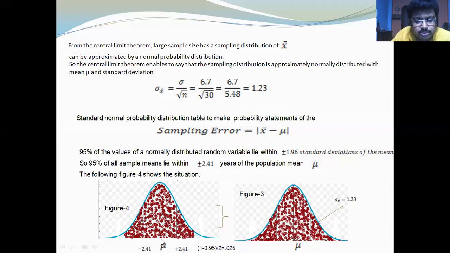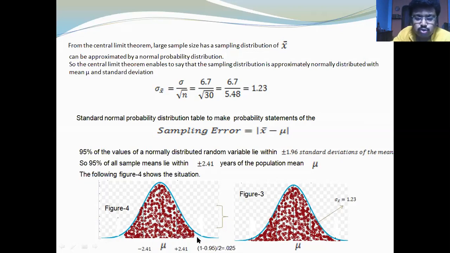Now look, this is the population mean, mu, and the sample means are distributed around this population mean. And from the population mean to this point, look at my arrow, the distance is equal to 2.41.